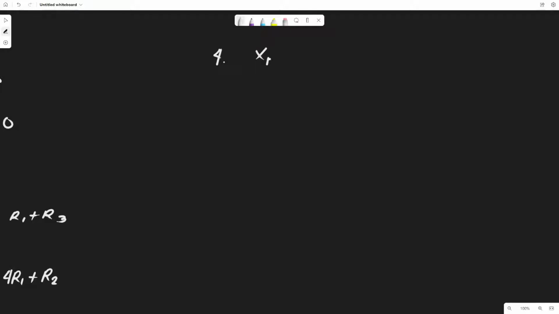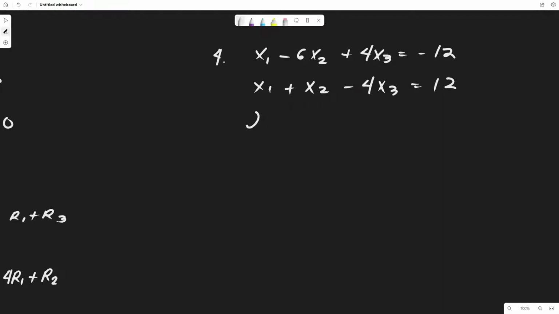So, x sub 1 minus 6x sub 2 plus 4x sub 3 is equal to negative 12. Then we have x sub 1 plus x sub 2 minus 4x sub 3 is equal to positive 12. Then we have 2x sub 1 plus 2x sub 2 plus 5x sub 3 is equal to negative 15.